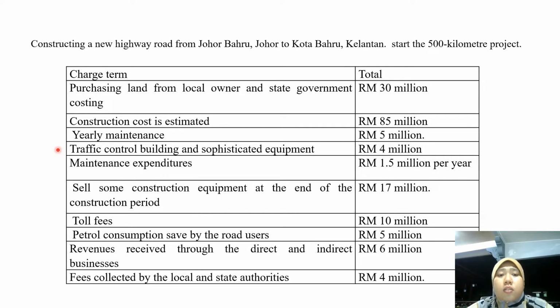Next is the construction cost estimation for all the highway construction and equipment, which is 85 million. Yearly maintenance of the equipment and machinery is 5 million. And the traffic control and sophisticated equipment, which is needed when the road is built, is 4 million, and so on.